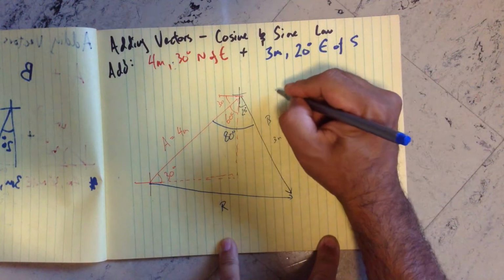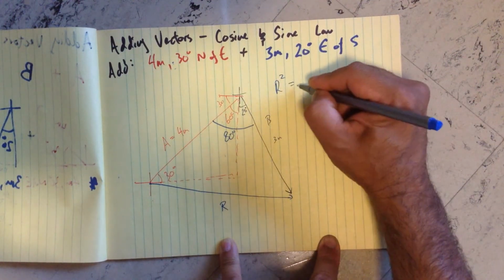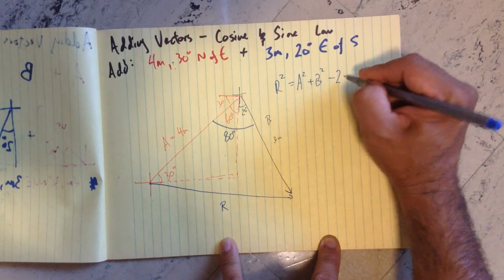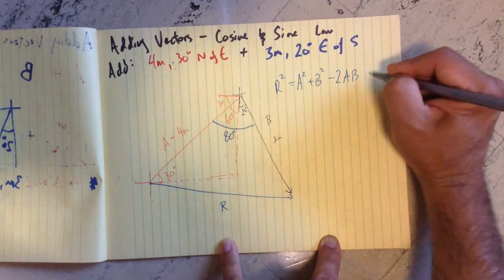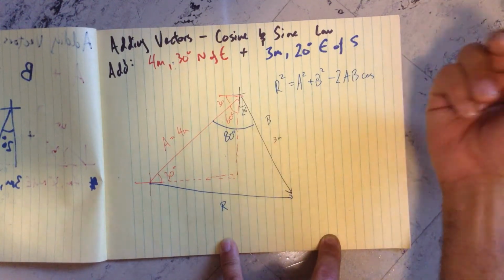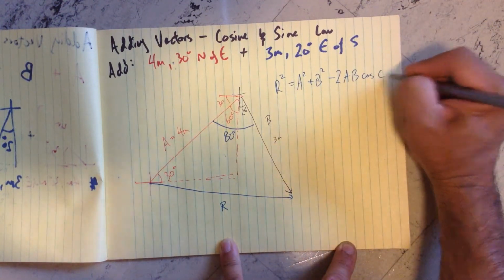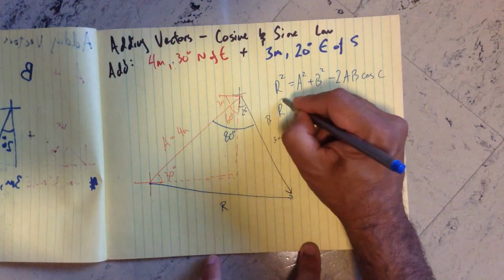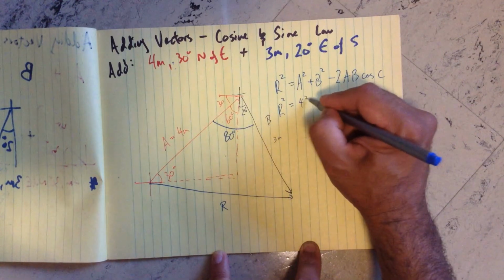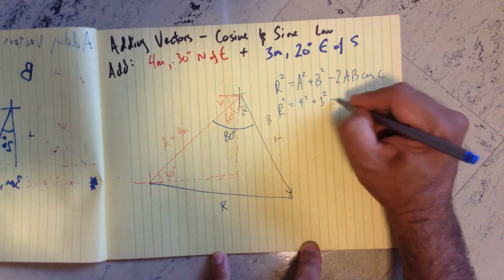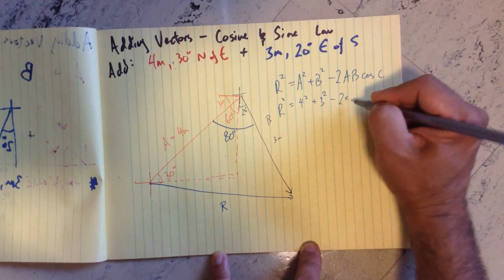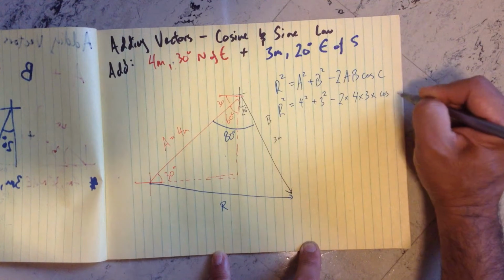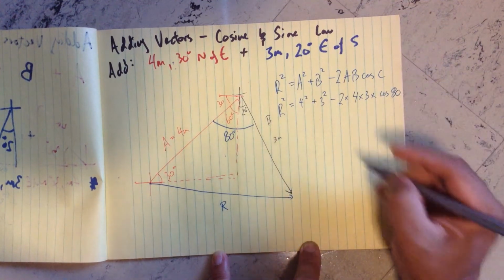So to do our cosine law calculation, we're going to say that R squared is equal to A squared plus B squared minus 2AB cos, and we've been calling it R, but it's usually cos C, which is the angle that's opposite the resultant. So here, R squared is equal to 4 squared plus 3 squared minus 2 times 4 times 3 times cos of 80 degrees.